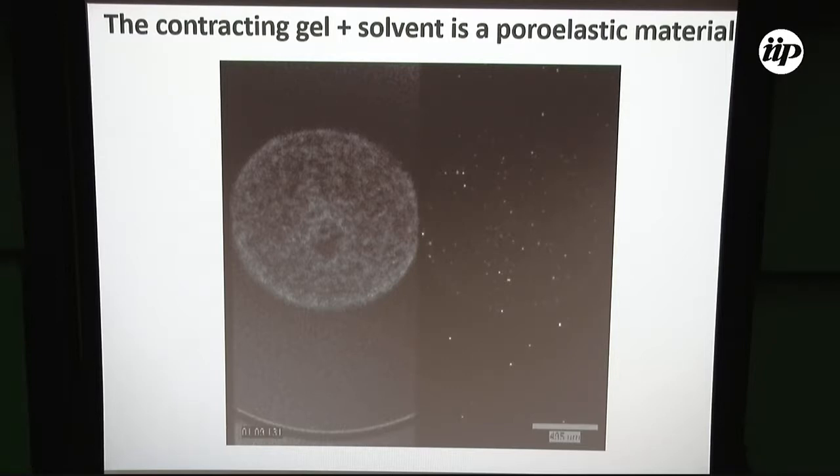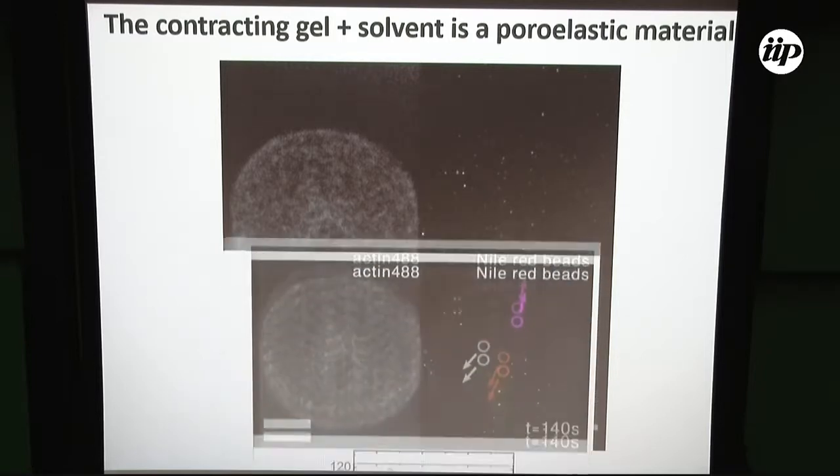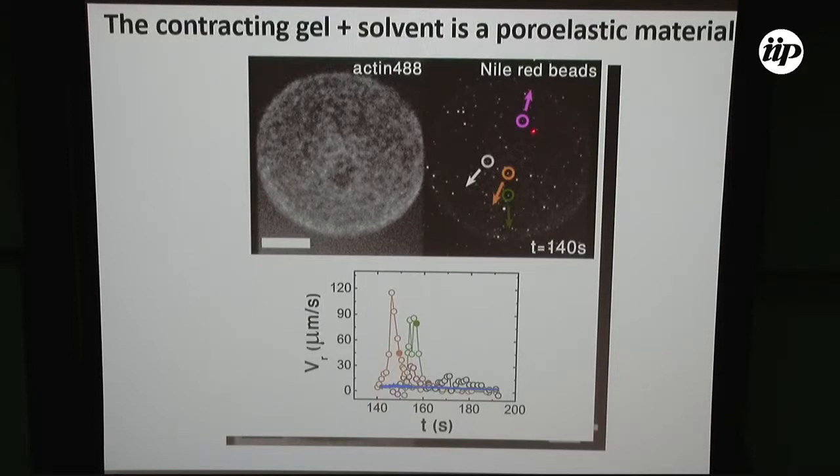So we'll leave it here. But I will just show you a few examples. You can follow beads and measure their trajectory and the velocity of these beads. What you see here is typical velocity of beads. Let's say this one that is going out. Globally, they are moving in the radial dimension.